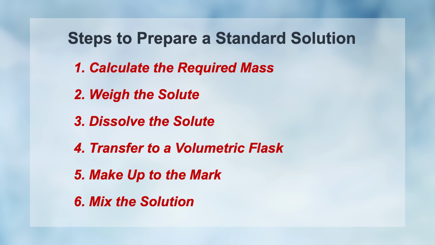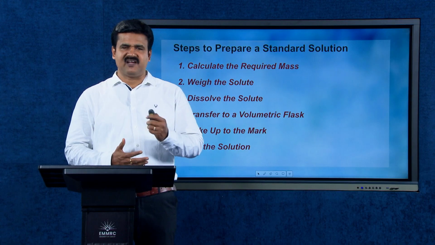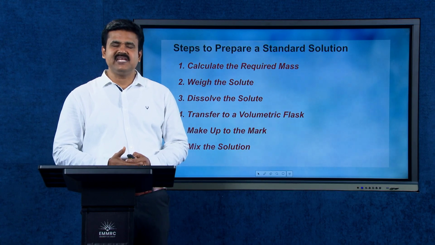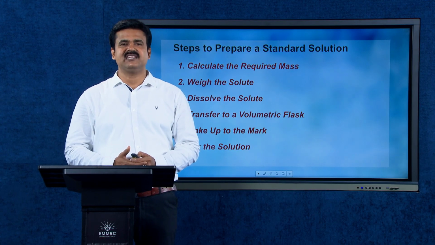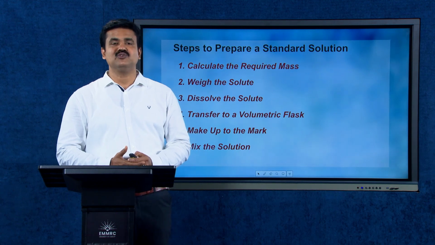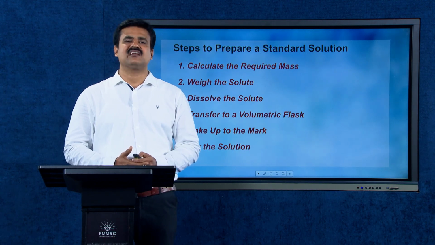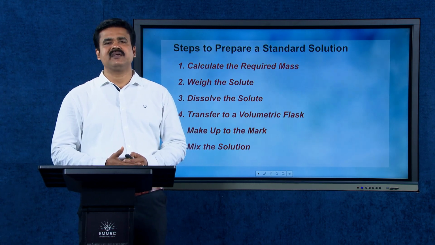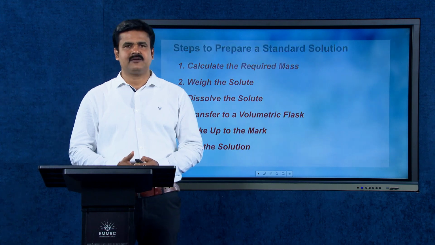Next, transfer it into a volumetric flask. The final part of the preparation is making up the solution to the mark. Finally, you have to thoroughly mix the solution to get a uniform or homogeneous solution. These are the various steps to prepare a standard solution.